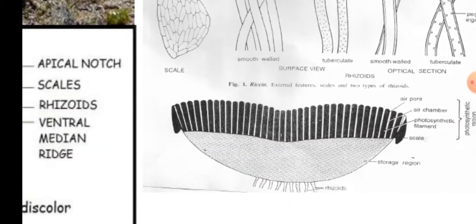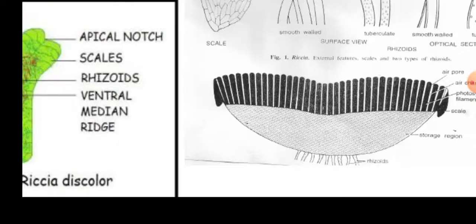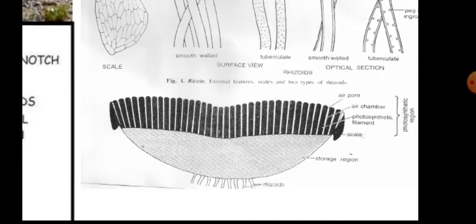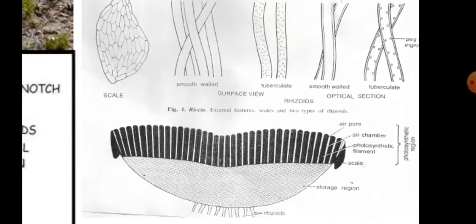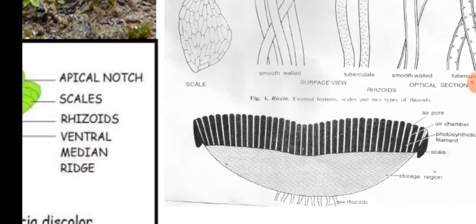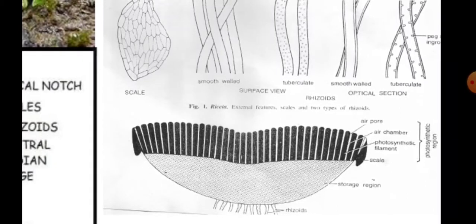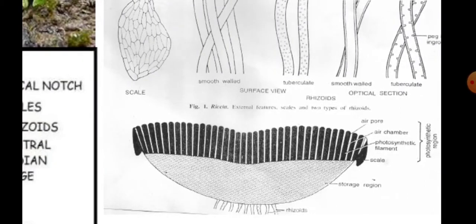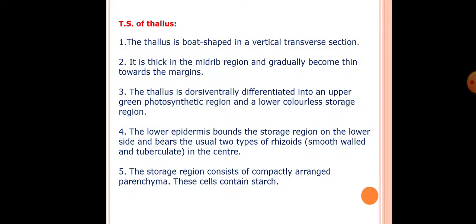At the top of the air chamber, an air pore is there, and in the photosynthetic filaments there is chloroplast pigment, and here photosynthesis goes on, and the food material is prepared by the plant itself, and this food material is stored in the storage region.